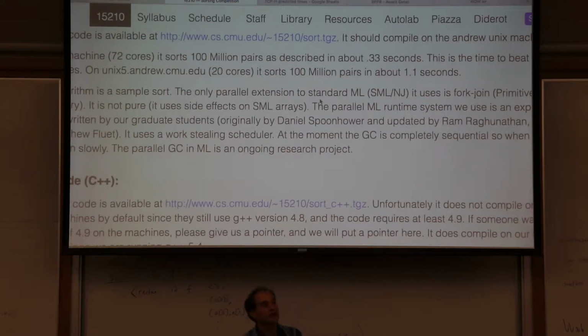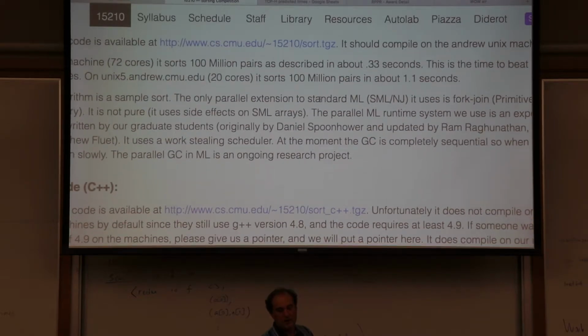By the way, one rule is it had to be a garbage collected language. And it couldn't be one of the two that we gave, so it couldn't be ML or C. And C, of course, is not Java, it's garbage collected anyway. And so the winner was a program in Go. And it ran in 0.5 seconds, so about 1.5 times slower than the ML.